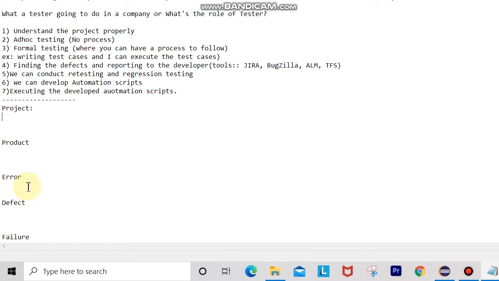So finally the output is not what I am expecting. It came up with a different output that we are not able to eat. So that is called an error. Any incorrect human action that produces a wrong result is called an error.